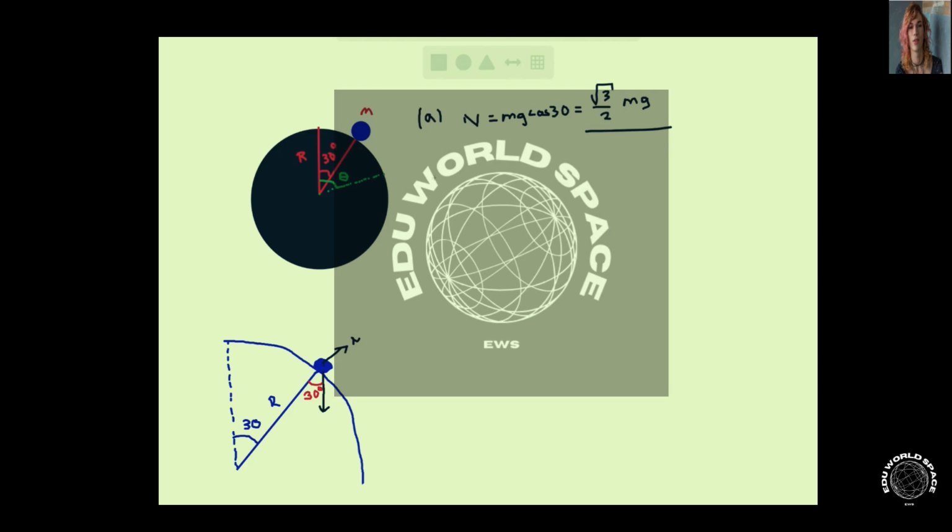The next part wants us to find out at which angle the ball leaves contact with the large sphere. So this is the point that the ball is no longer in contact with the surface, and therefore the normal contact force must equal 0.